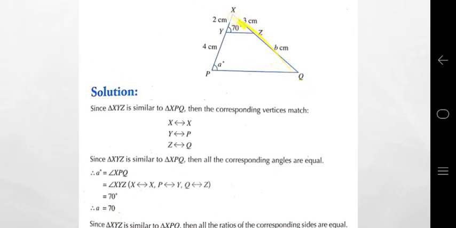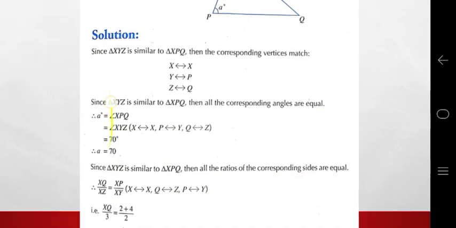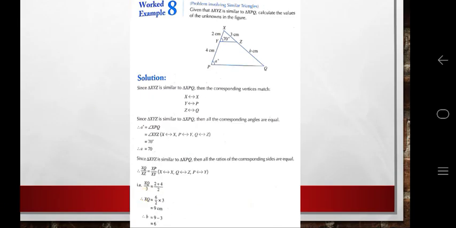So the big one is XQ, the side XQ over 3, again big over small. So with the cross multiplication done, they find the XQ first. After they get 9, then 9 minus 3 to get the b. Okay, just follow this one. I think this is easier to do.